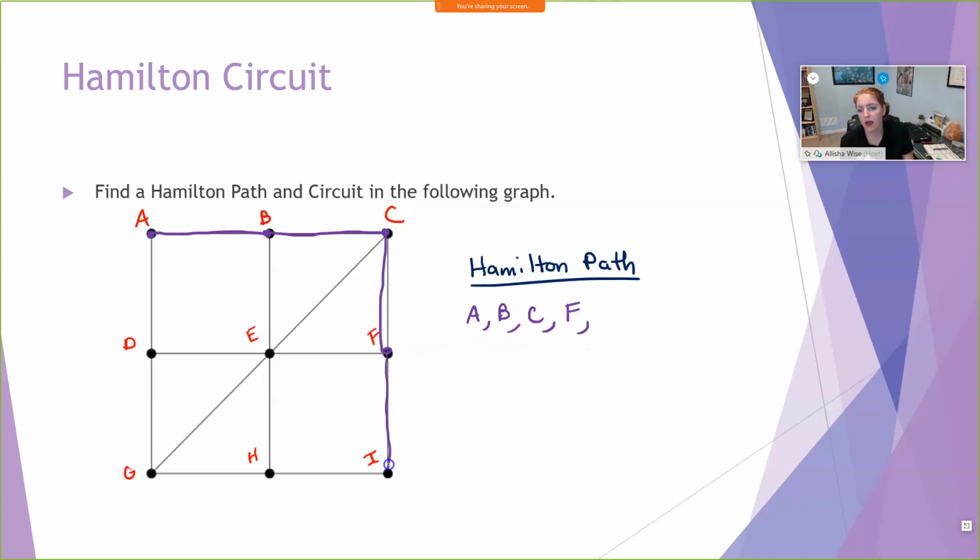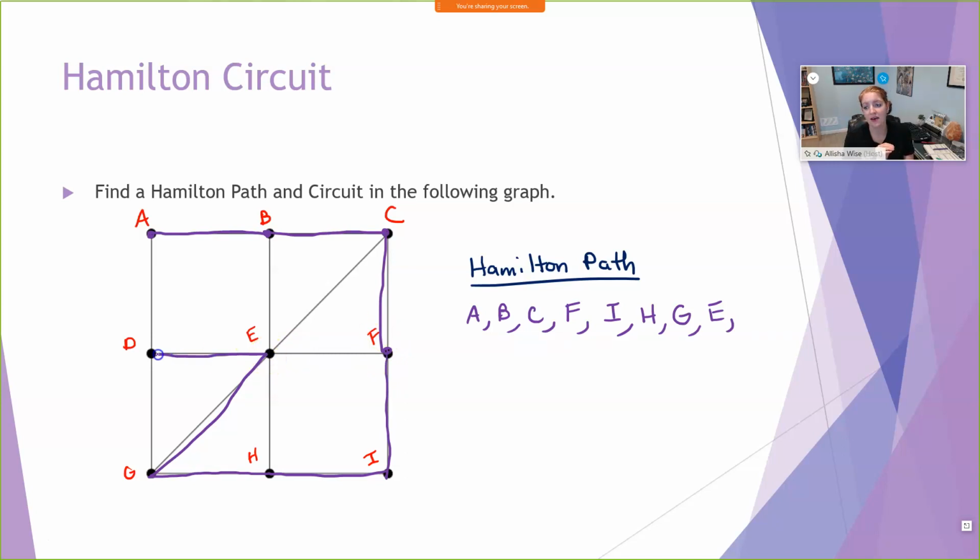Then maybe I'll go to I. Why not? Doesn't matter. H. Maybe I'll go to G next. Then I'll hop up to E. Now, I can't go to B, C, or F because I've already visited them. So I can't repeat those vertices.